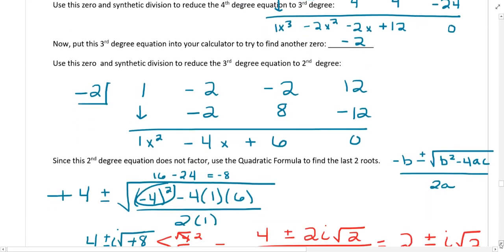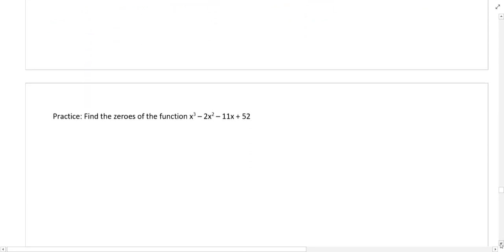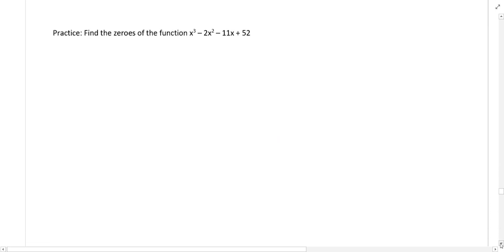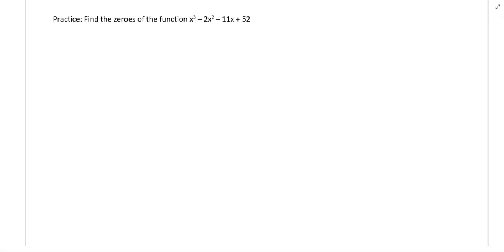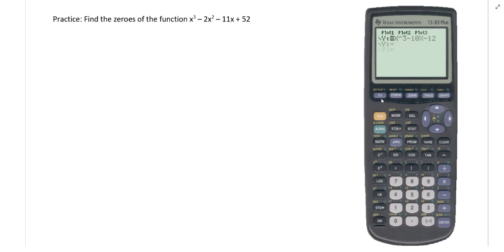All right, and then we had one more in this section, which is right here. So finding the zeros of this function. So let's go ahead and start by putting it in our calculator. So let's see, you've got x cubed minus 2x squared minus 11x plus 52. All right, looks like a -4. 1, 2, 3, 4.